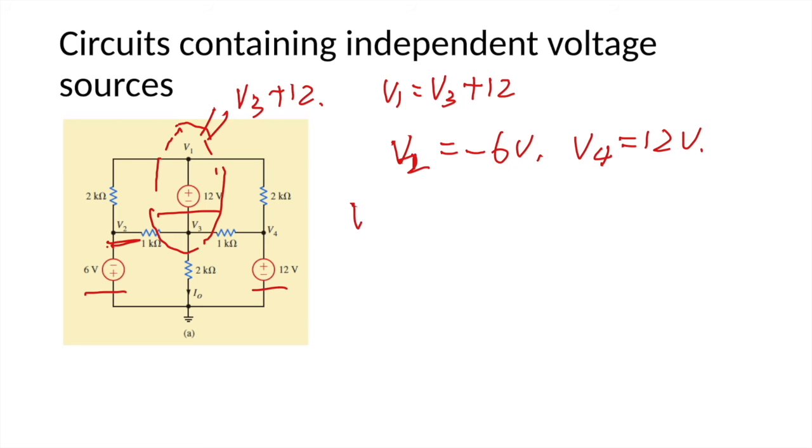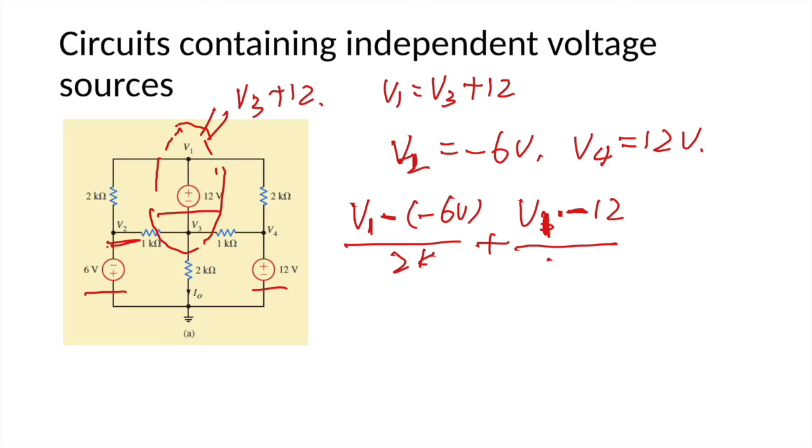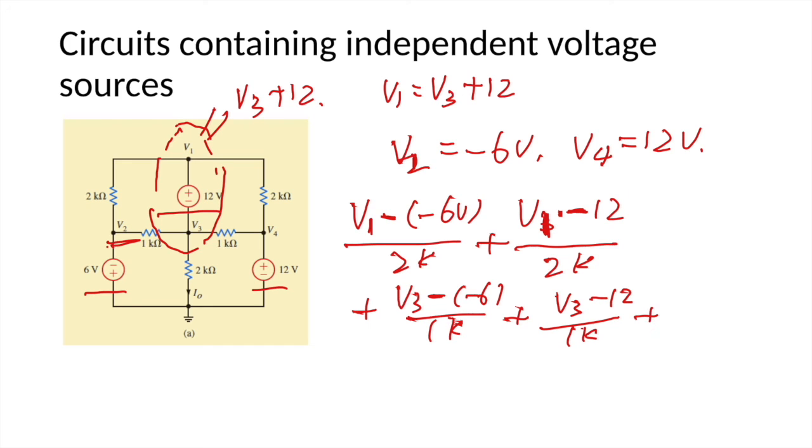So we have (V1 minus negative 6 volts) over 2K plus (V1 minus 12) over 2K plus (V3 minus 12) over 1K plus V3 over 2K equals 0.